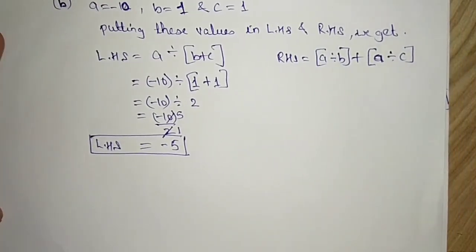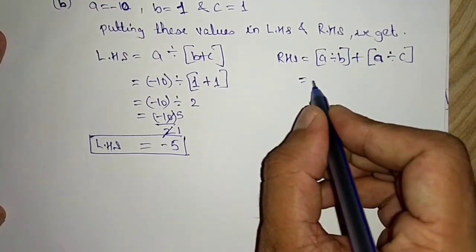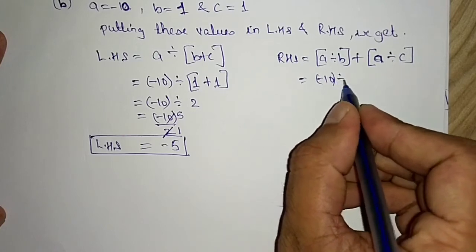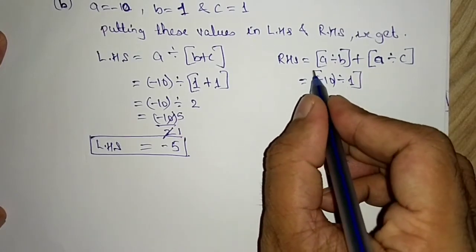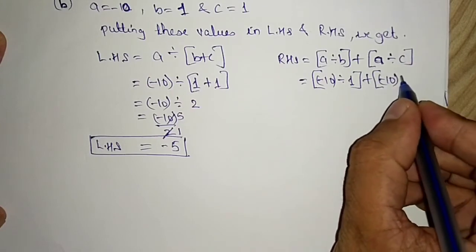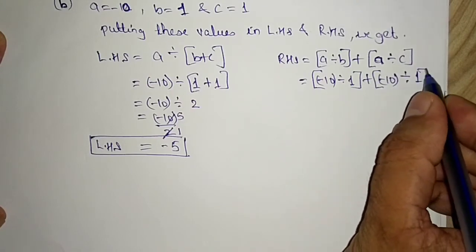Now let us solve RHS. a is equal to -10 divided by 1 plus a is equal to -10 again divided by 1.